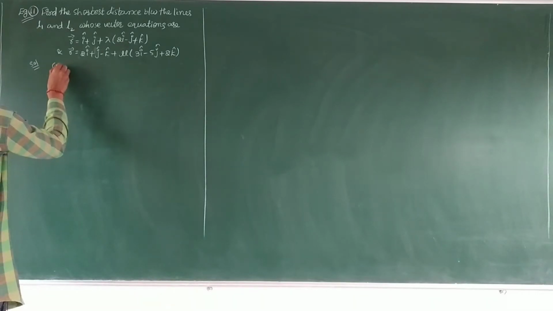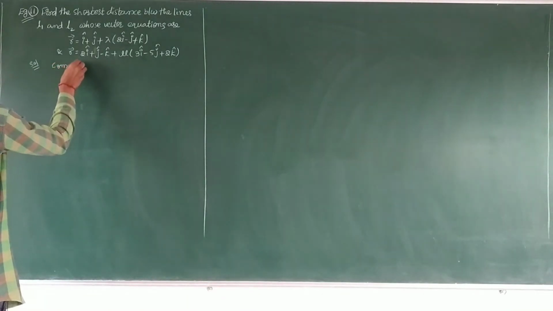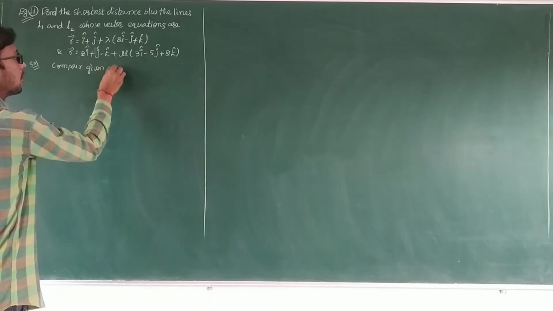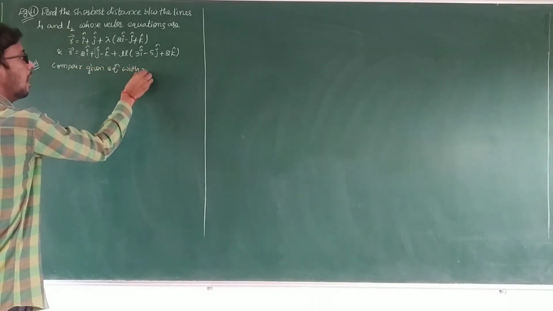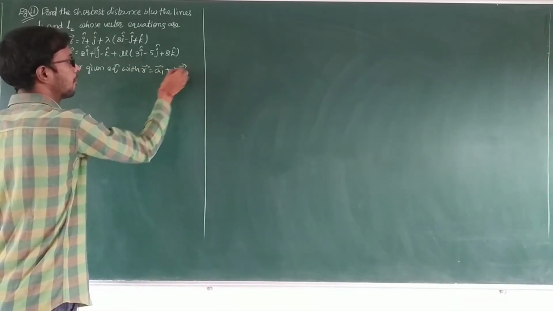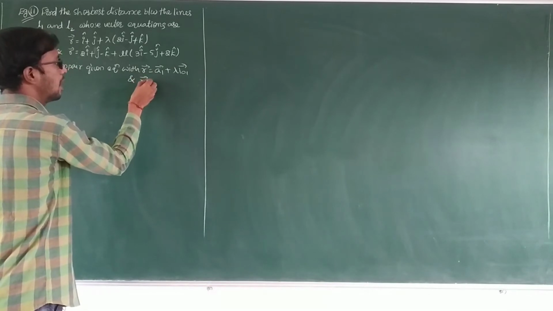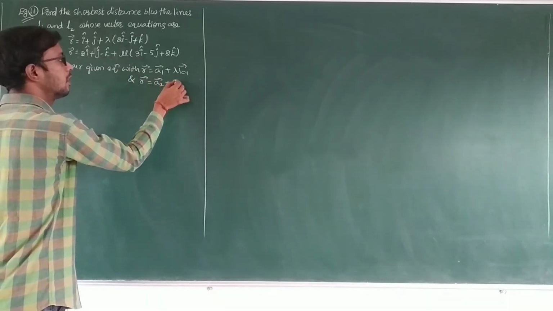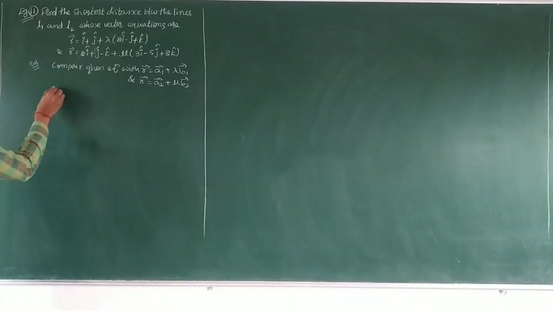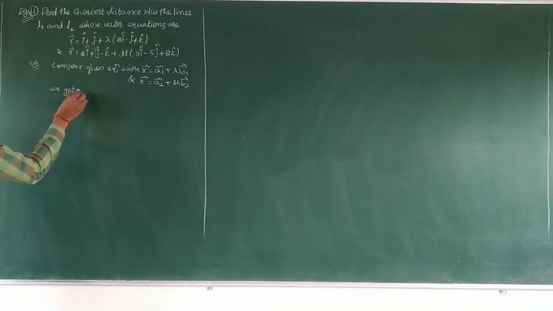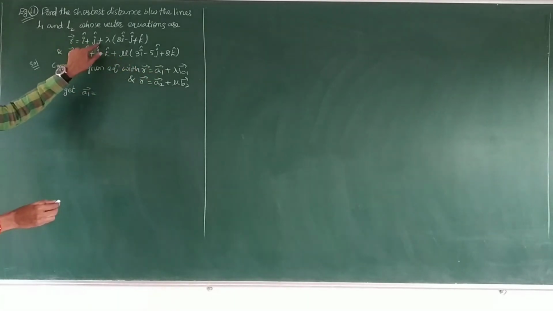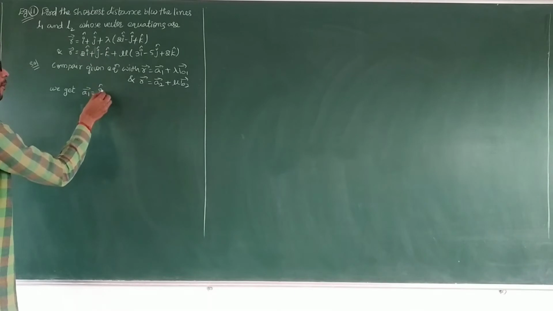Compare the given equations with r bar equals A1 bar plus lambda B1 bar, and r bar equals A2 bar plus mu B2 bar. What is A1 bar here? I cap plus J cap.